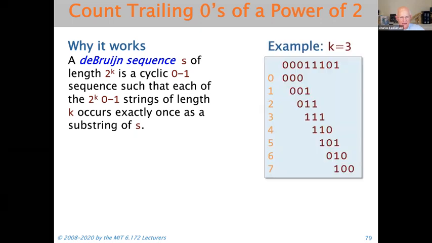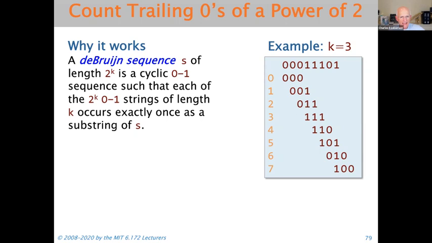Okay, so here's an example with k equal to 3. So the de Bruijn sequence we're interested in is going to be a de Bruijn sequence of length 2 to the 3, or 8. And the number I have at the top of the blue rectangle there, that's a de Bruijn sequence of length 8. 0, 0, 0, 1, 1, 1, 0, 1.